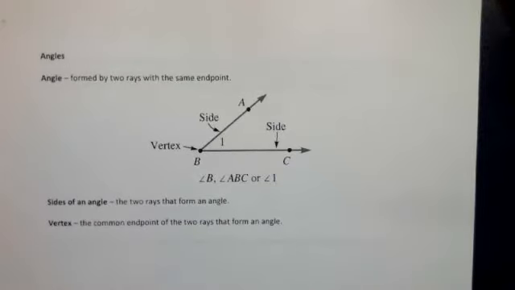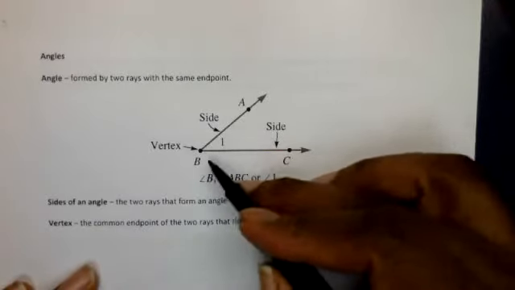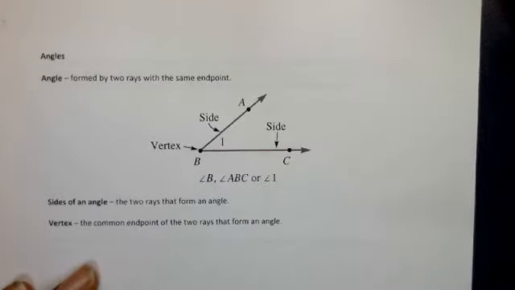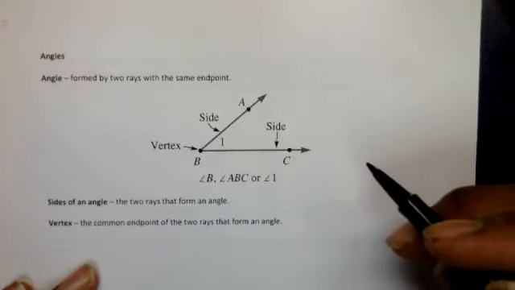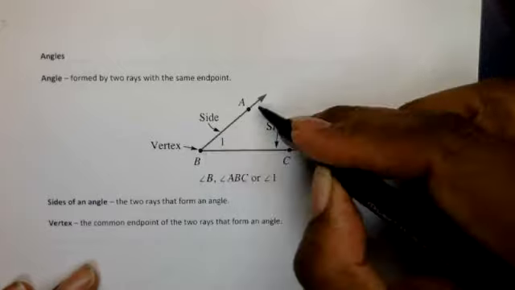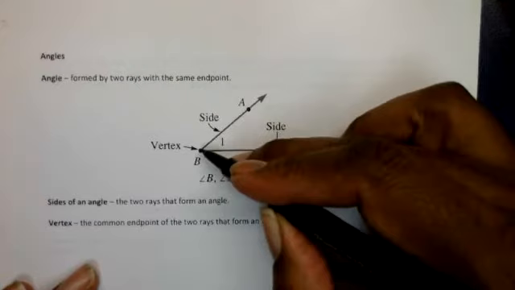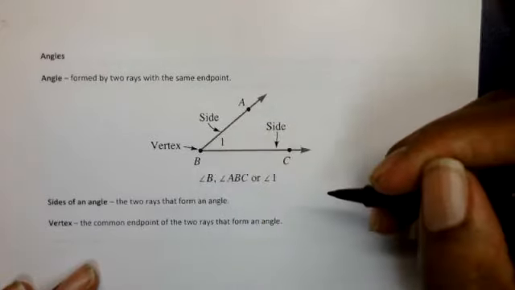An angle is formed by two rays with the same endpoint. So here's an example of what an angle looks like. We have two rays with the common endpoint, and that common endpoint is called the vertex. The sides of the angle are the two rays that form that angle. So ray AB is one side and ray BC is the other side. And the common point, point B, is your vertex.